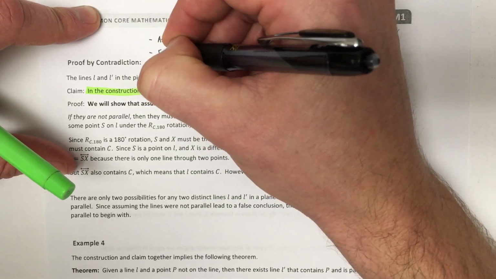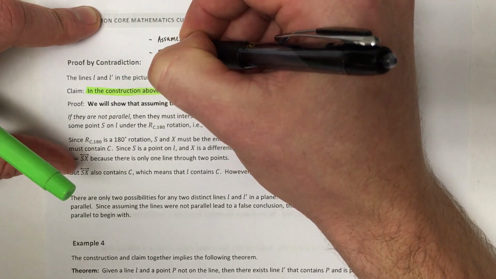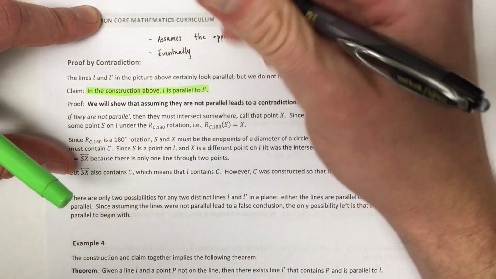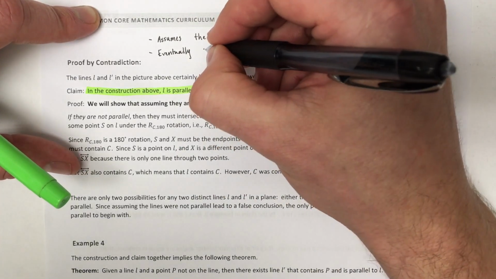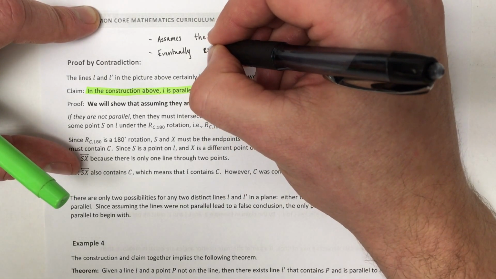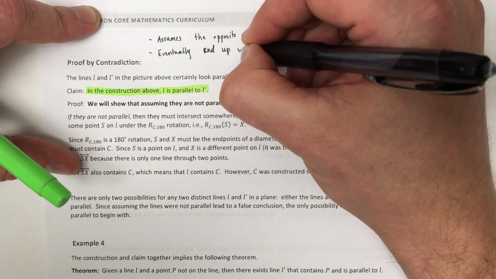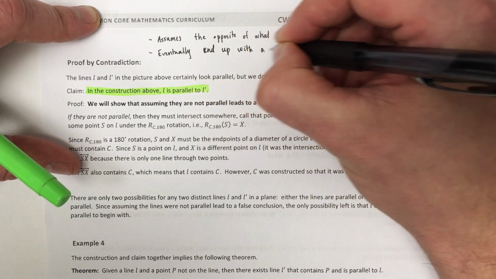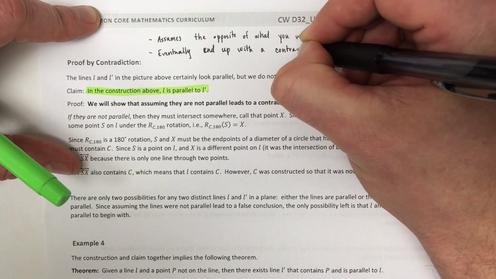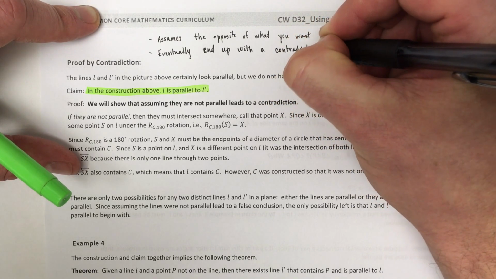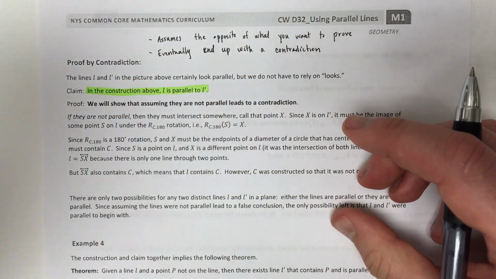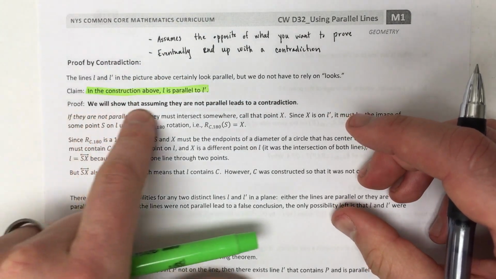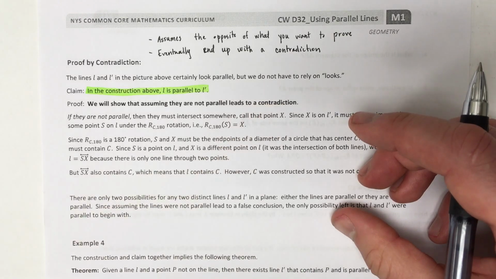And eventually you'll follow a progression of things, and eventually you'll end up with a contradiction, or two statements that oppose each other. And so in the proof, we will show that assuming they are not parallel leads to a contradiction.